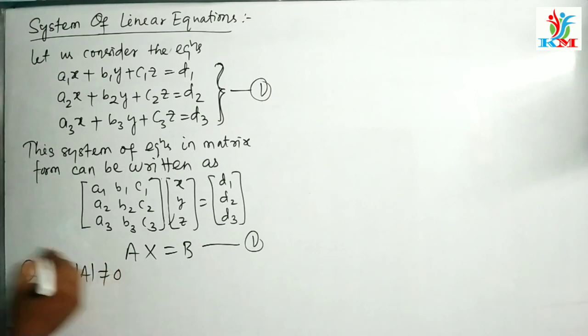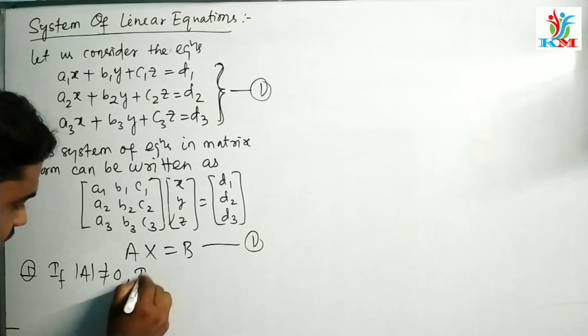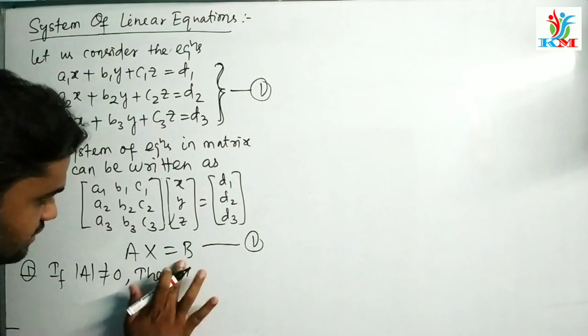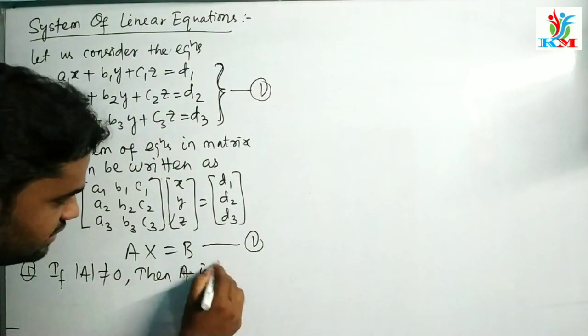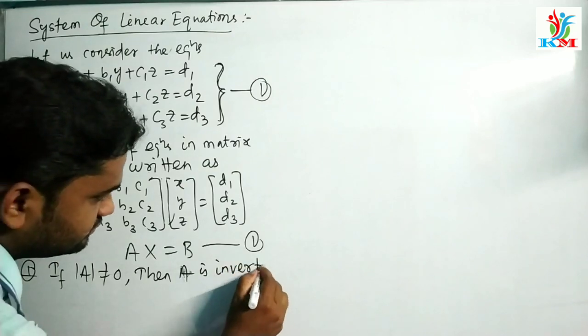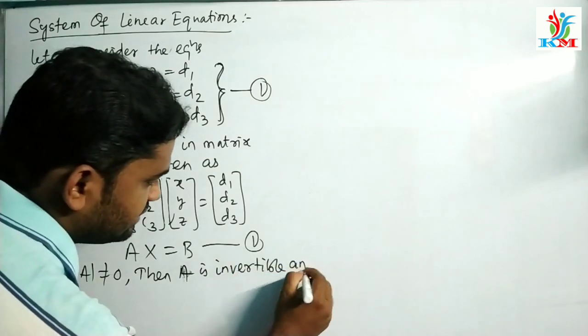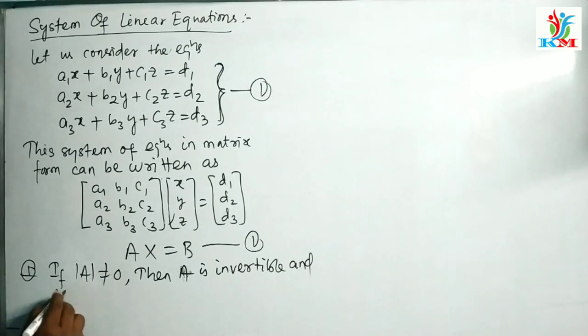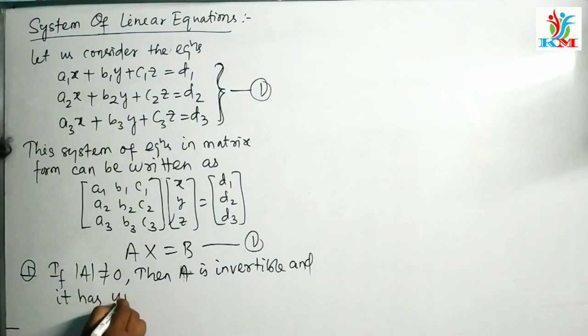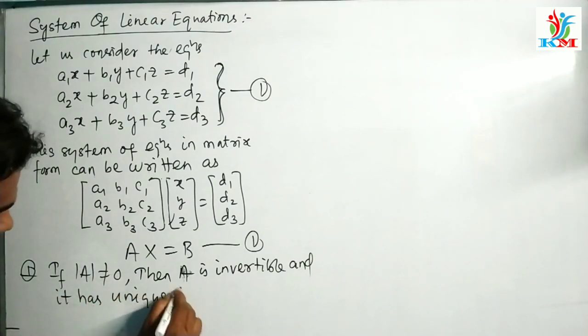if determinant of A is not equal to 0, then the matrix A is invertible, and it has a unique inverse.